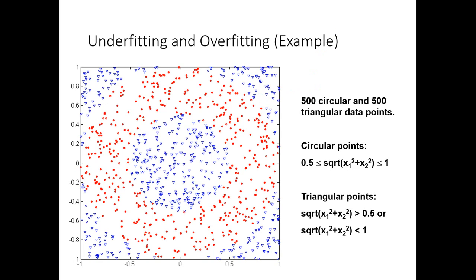This is an example of underfitting and overfitting. Here you have got red points, the circular points, and the triangular points.